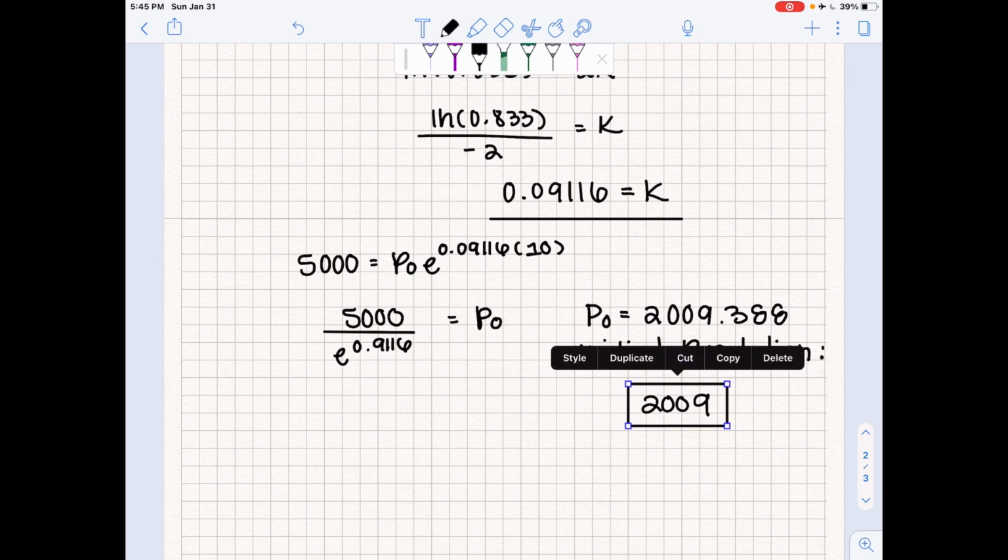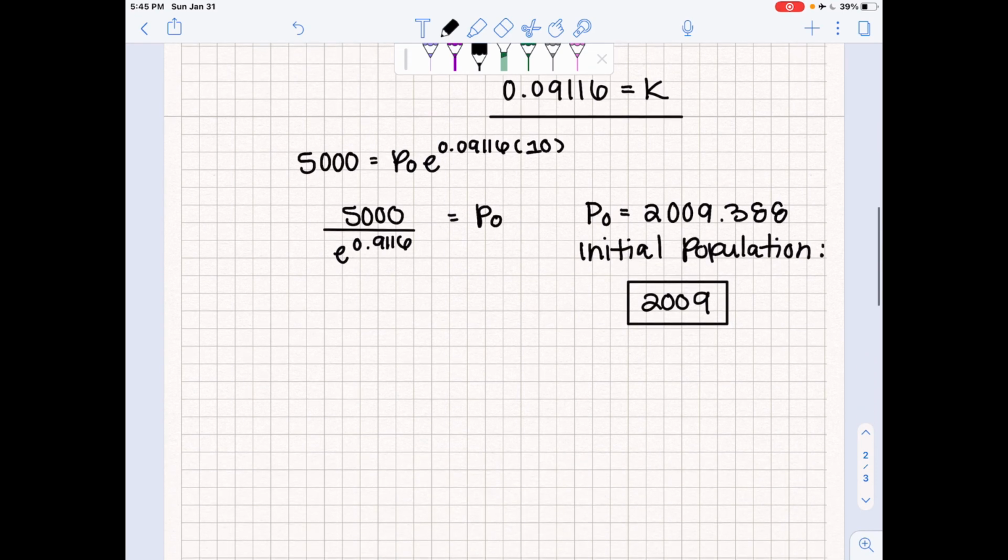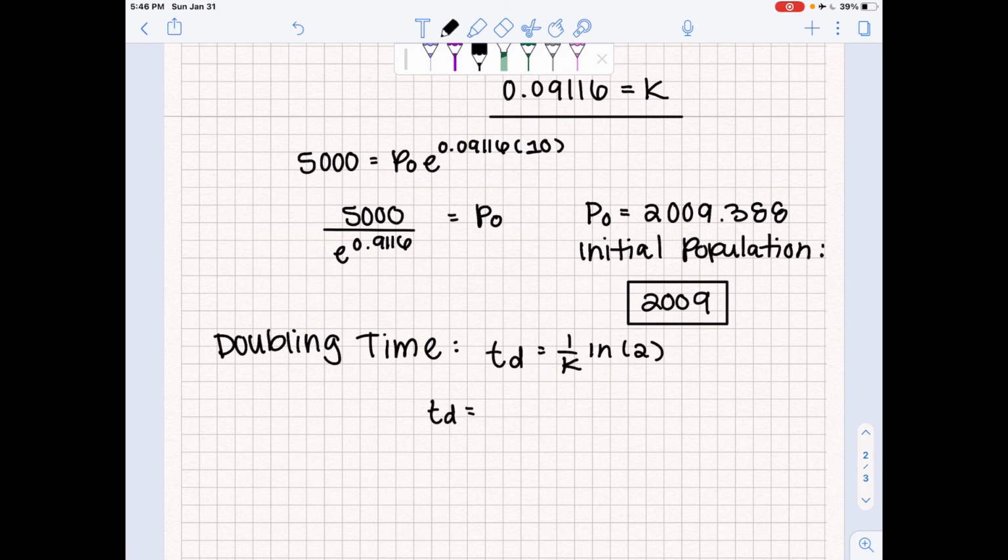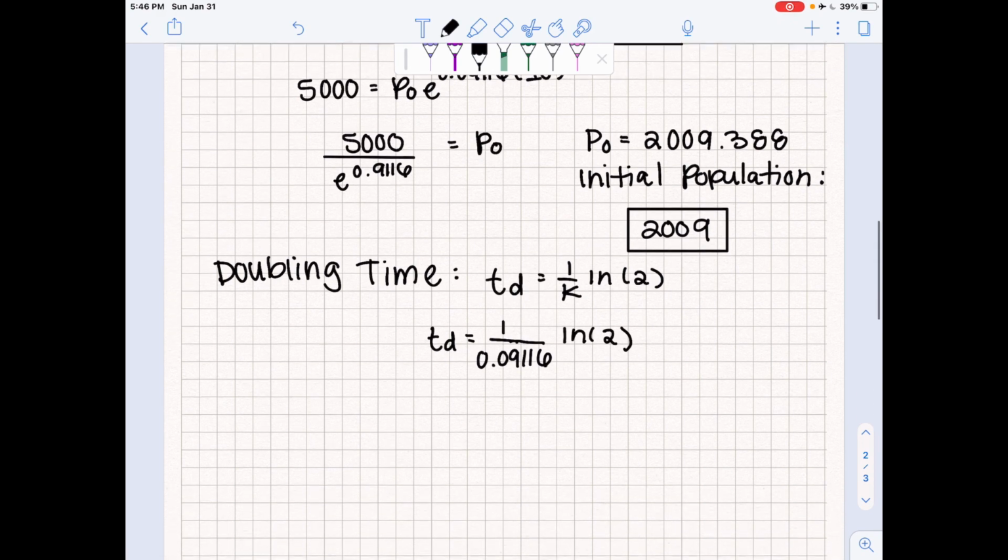So now for the doubling time, the equation that we have for that is the time equals 1 over k ln of 2. So doubling time equals 1 over the 0.09116 that we found times ln of 2.